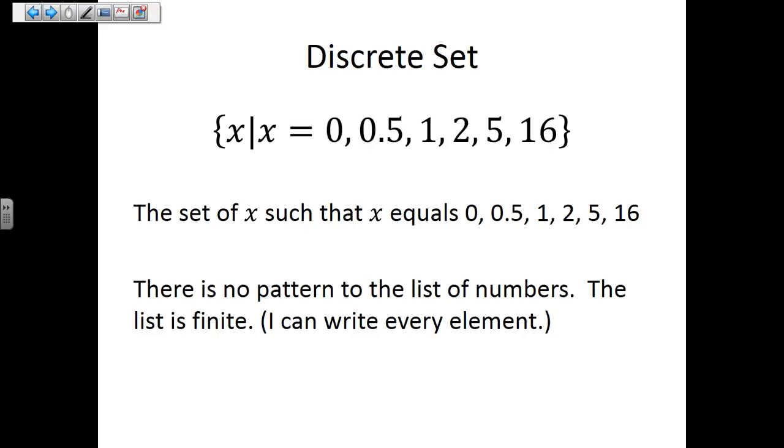Just write them all down. There doesn't seem to be any pattern to the numbers, so we're not going to try to do anything funny in this case. We're just listing the numbers that are the set. Now, if there is a pattern, and if it is an infinite list, we're going to have to do something different. But when it's just a nice short little list, something that I can write every single number, just write them all down.